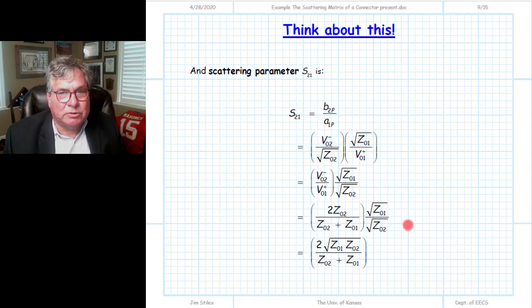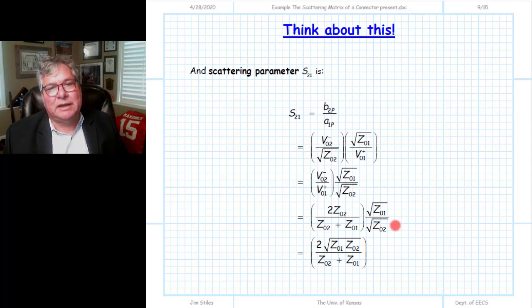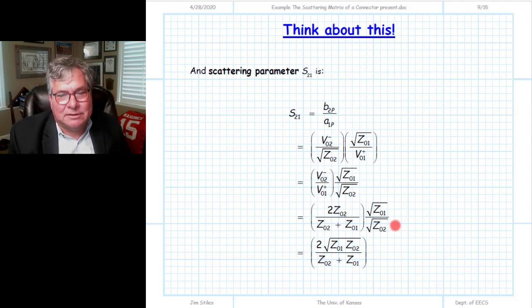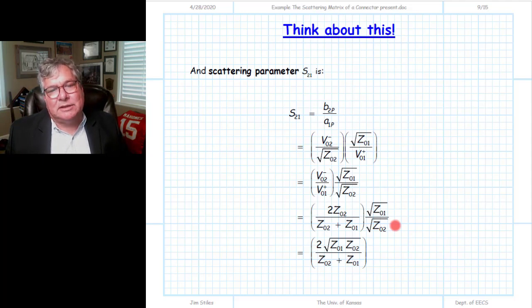Some textbooks will provide a definition of a scattering parameter without the square root of the characteristic impedance in there, where they assume that they're the same, and then make an extension to say we have some special scattering parameters, extended or generalized. They're called generalized scattering parameters when the transmission lines are dissimilar.